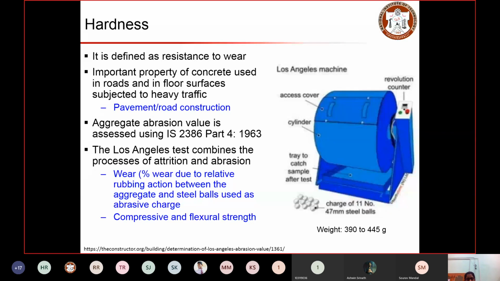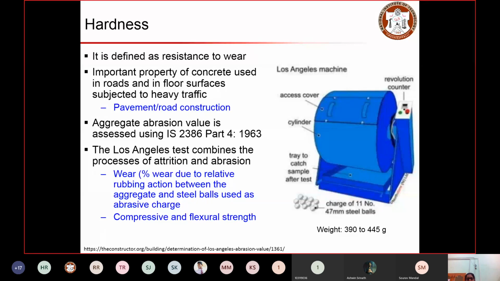So if you are using aggregates, the aggregate should be hard enough to withstand such wear. We have certain test methods to find out the abrasion value of aggregates that would be used for typical conditions where heavy traffic is expected.